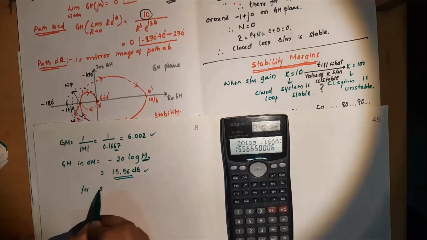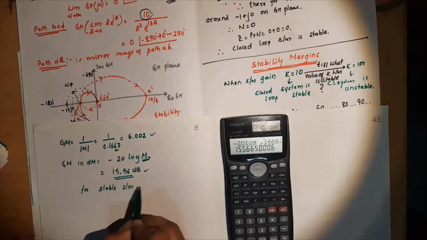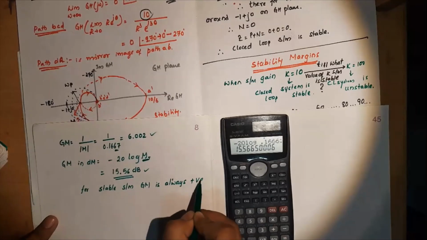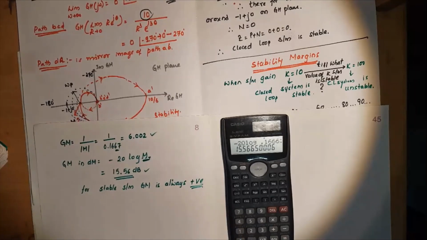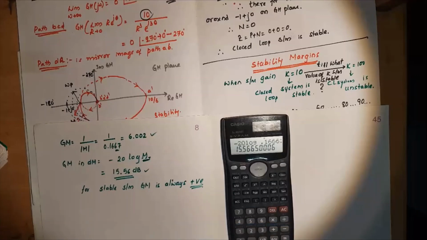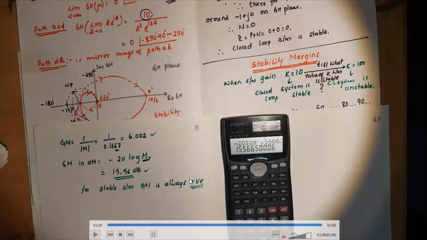So for stability, the gain margin is always positive. For stability, the gain margin is always positive. What I meant to write in this last sentence is, a stable closed loop system will always have a positive gain margin. An unstable system will always have a negative gain margin, which means this curve has already encircled minus 1.